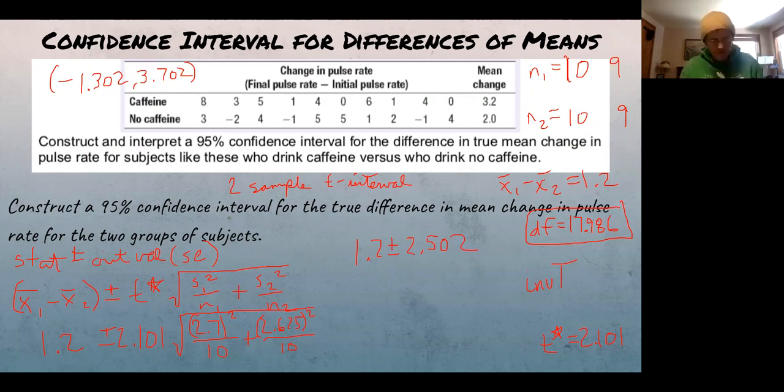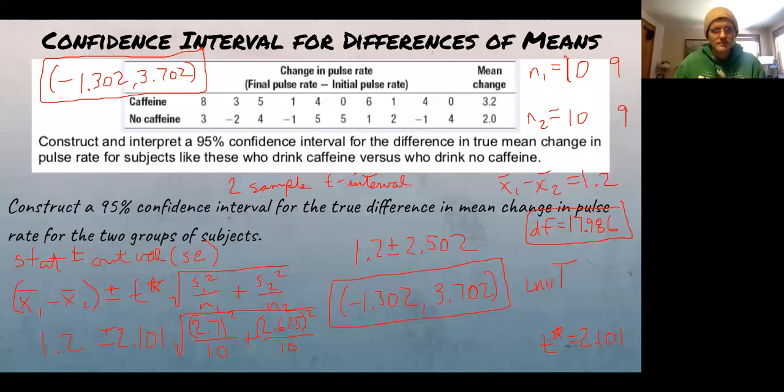I'm going to add and subtract that from my point estimate. And sure enough, if I compare this to my calculator printout from earlier, it's exactly the same. All right, I'm going to pause here to see if there are any questions.